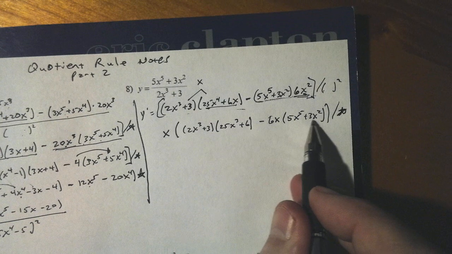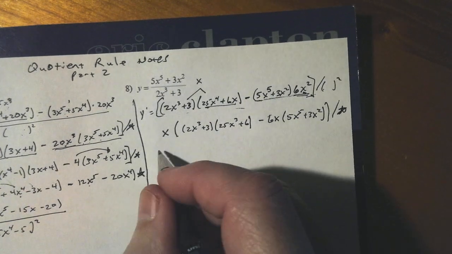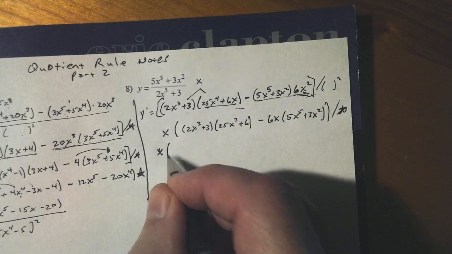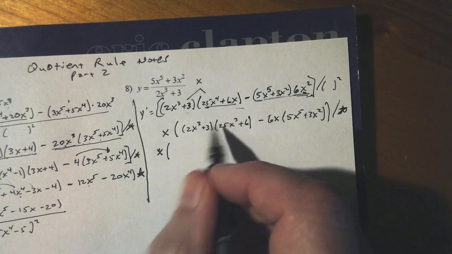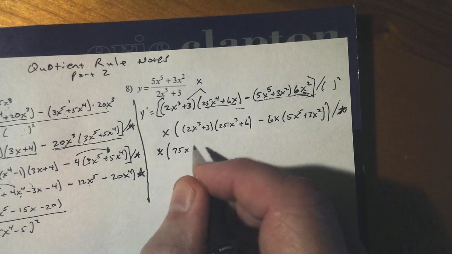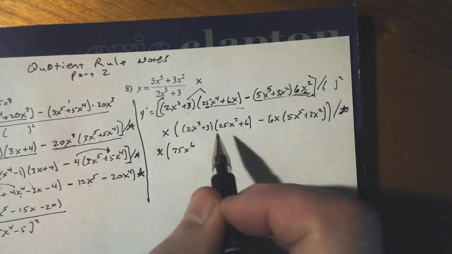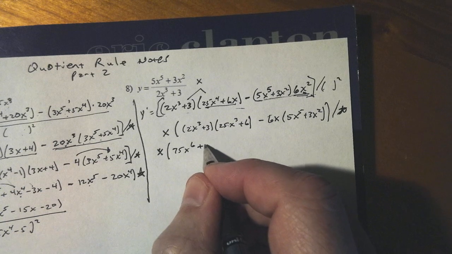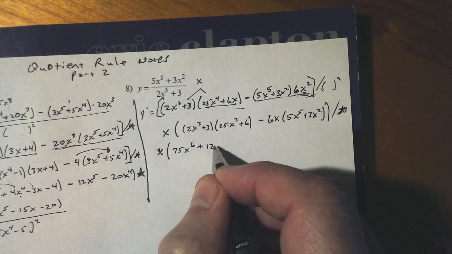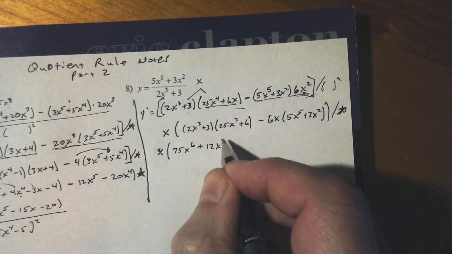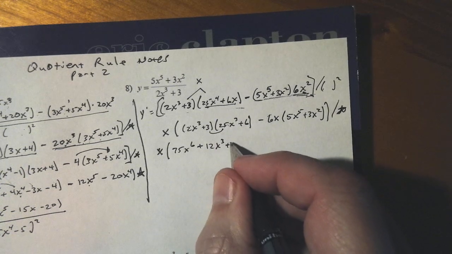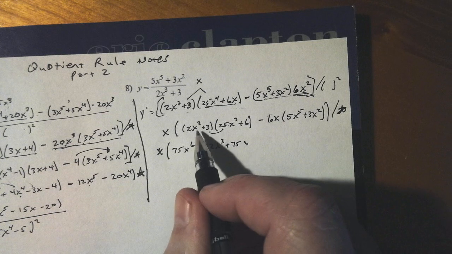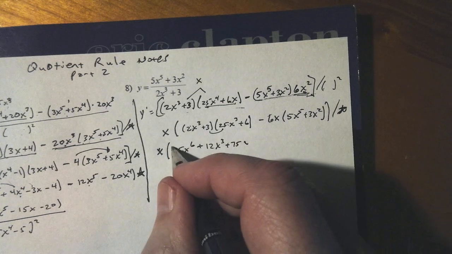And now I need to simplify inside of here. It's just a whole lot of easy things to do. When I FOIL, I'm going to get 75x to the 6th, plus 12x to the 3rd, plus 75x cubed. Oh, that's, excuse me, 50.